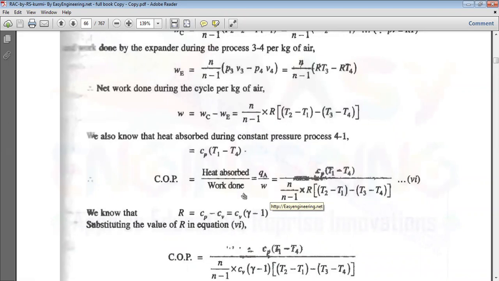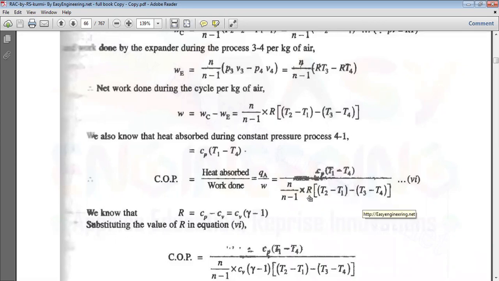Therefore, COP can be written as heat absorbed divided by work input. Heat absorbed is Cp into T1 minus T4, divided by the work input from equation number 3: n by n minus 1 into R into T2 minus T1 minus T3 minus T4.